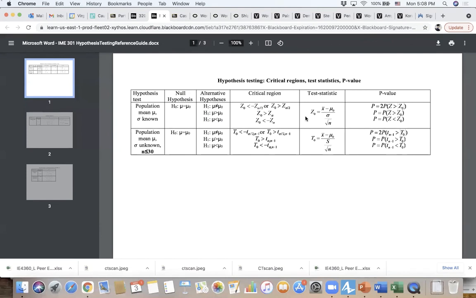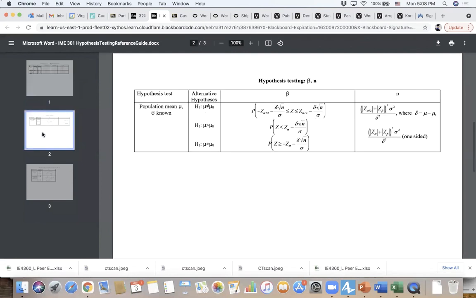Now I want to ask you this: if sigma, the population standard deviation, is not known, however the sample size is greater than 30, how would you approach the problem?